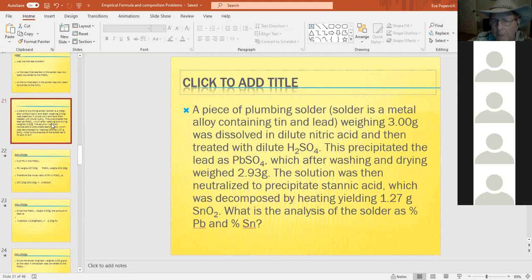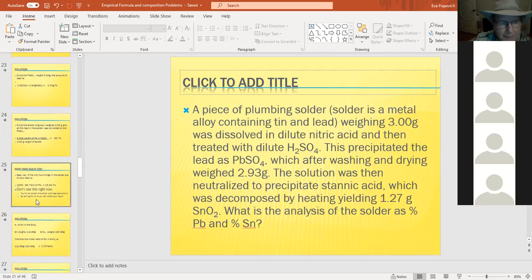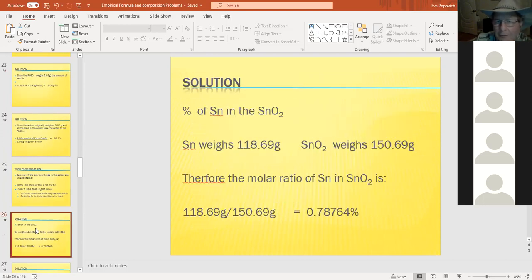You were given that you have 1.27 grams of tin 4 oxide. Now, Dana, can you figure out the percentage of tin in the tin 4 oxide? Yes. How are we going to do that? The tin weighs 118.7 grams.